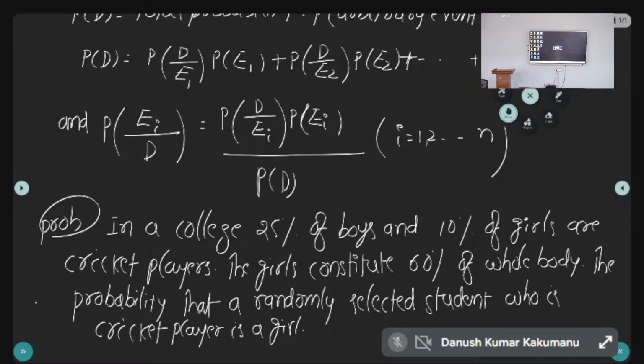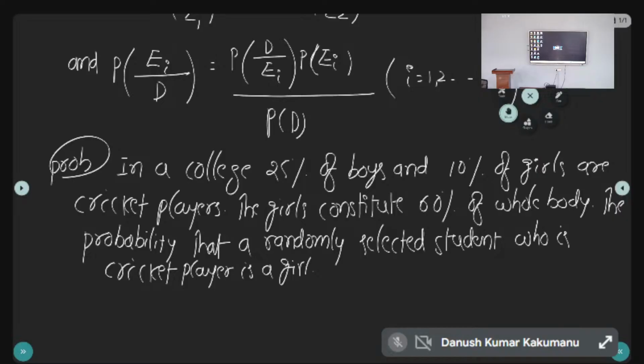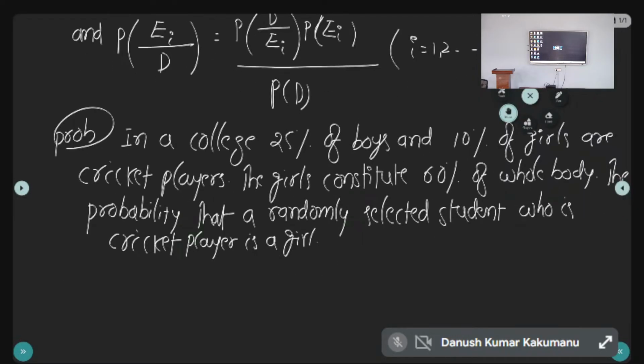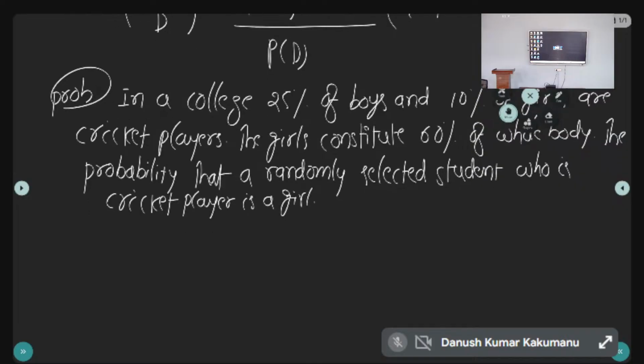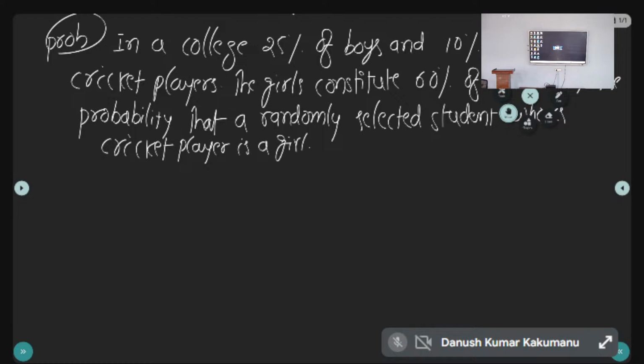Read that question carefully. A condition is given or not? In a college, 25% of boys and 10% of the girls are playing cricket.